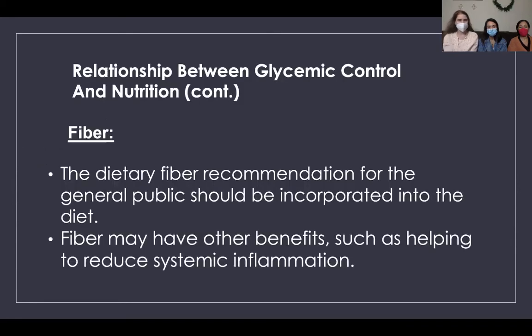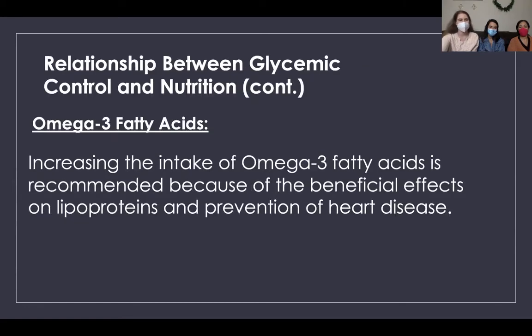So for fiber, the dietary fiber recommendation for the general public is 25 to 30 grams per day, and that should be incorporated into your daily diet. Fiber may have other benefits, such as helping to reduce systemic inflammation. Omega-3 fatty acids are recommended because they have beneficial effects on lipoproteins and help to prevent heart disease.